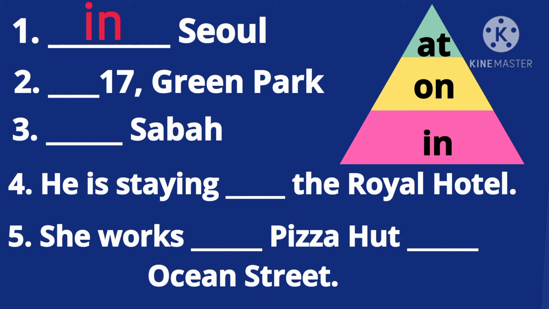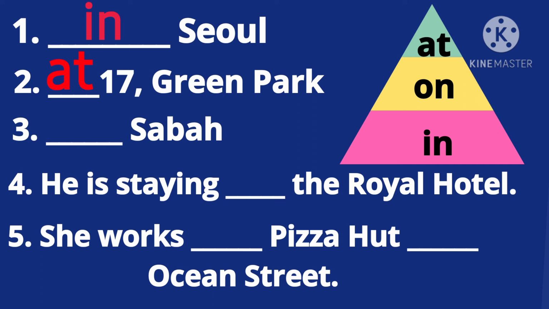Next, blank 17 Green Park. What would you say here? Good. At 17 Green Park. The very specific, the number of the address. So we said at 17 Green Park because very specific.